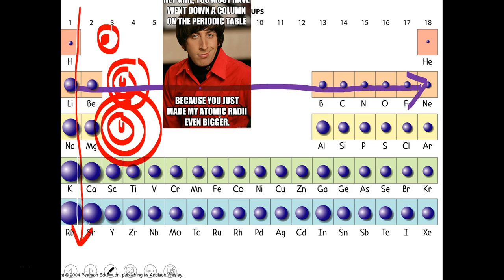And that's where things get a little funky. You're not adding more floors to the hotel, so that makes sense, but you're adding more protons and you're adding more electrons as you go right. So why is it getting smaller?